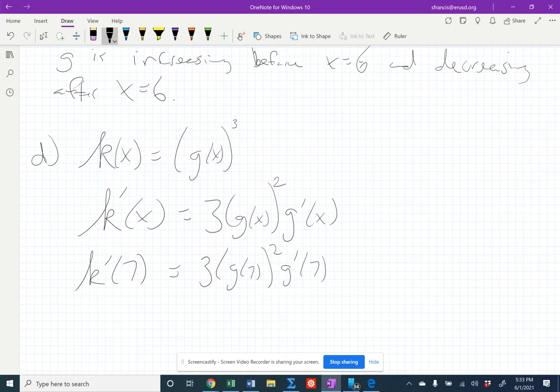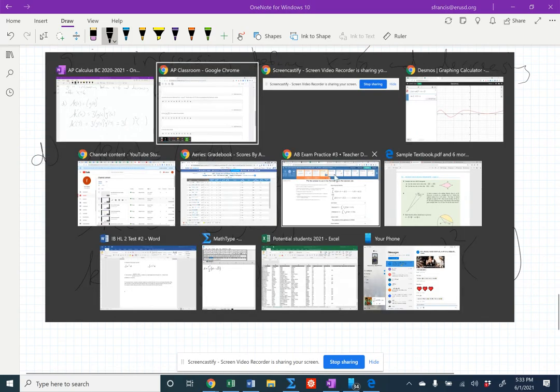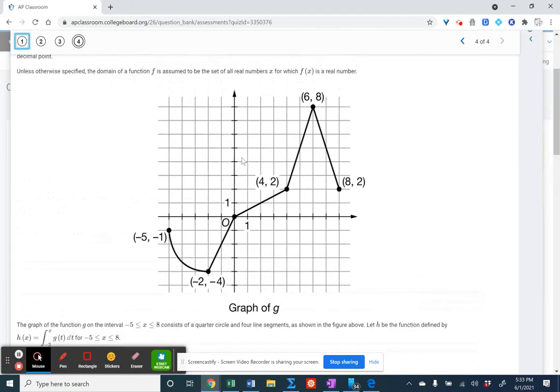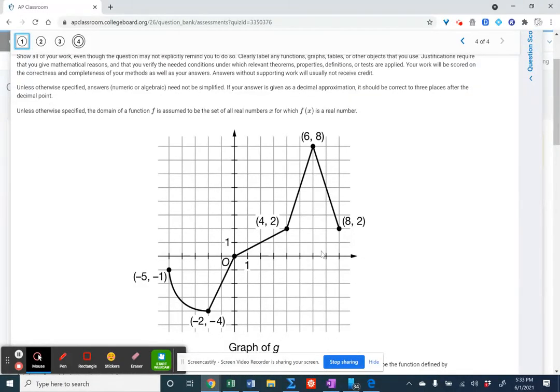You're going to evaluate some of these things. I don't know what those are off the top of my head, so G of 7 and G prime of 7 come from the graph. 7 is right here, and it's 5 right there.